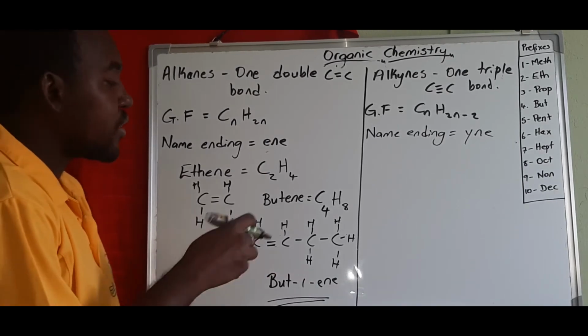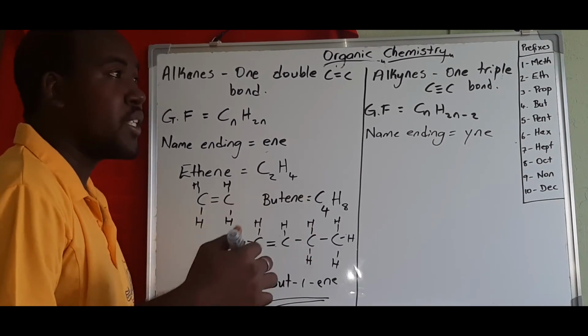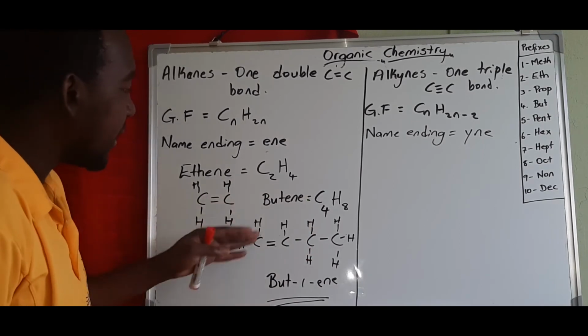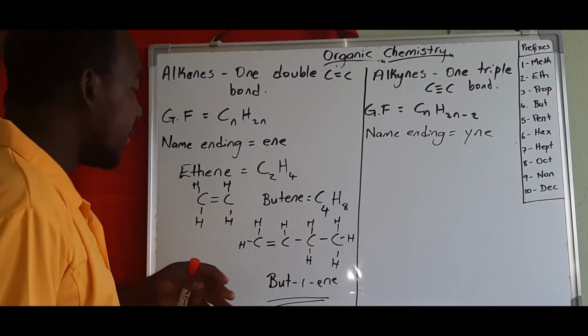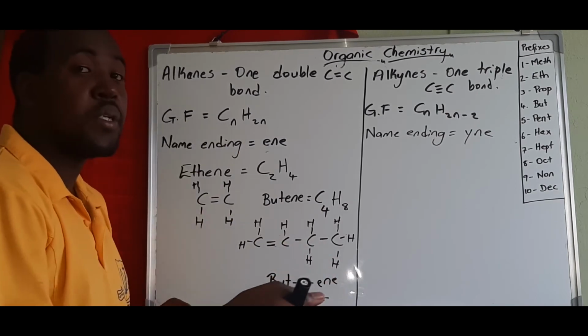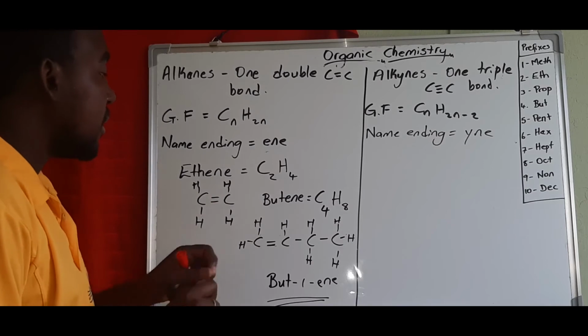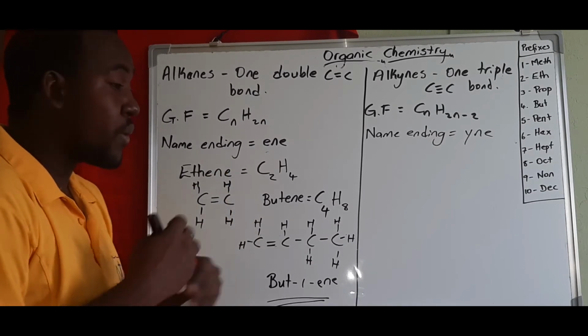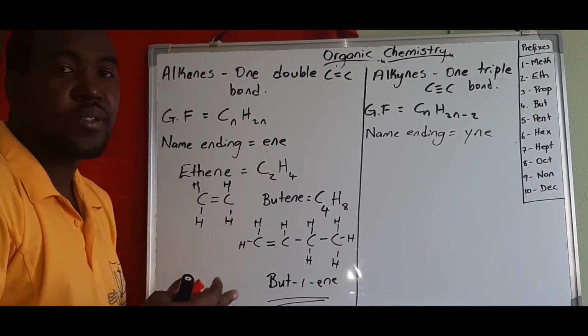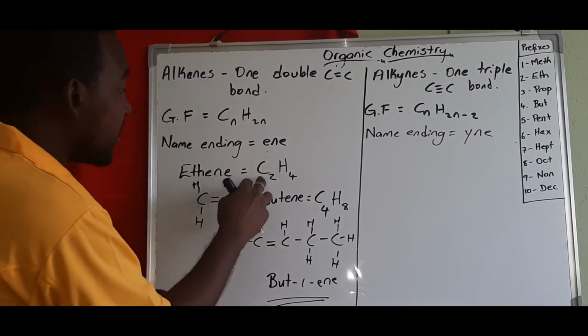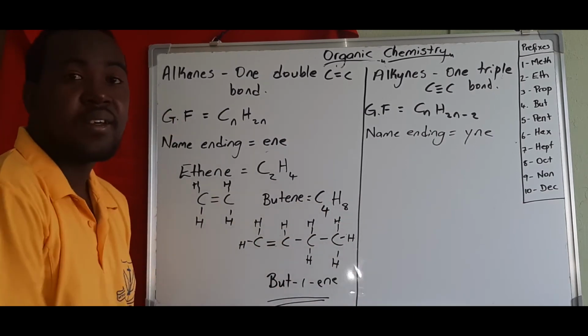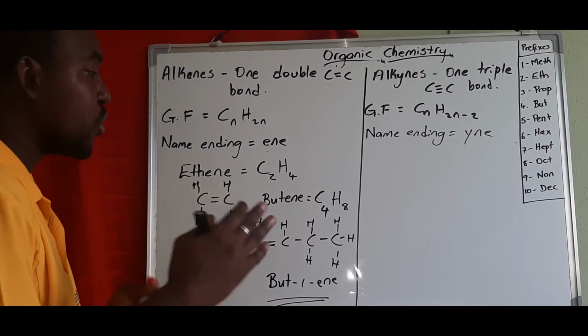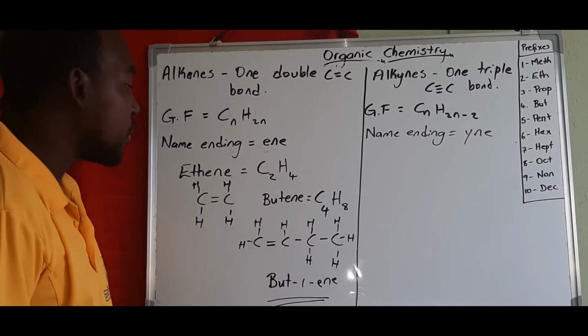So the variation in name does not change the molecular formula, but it changes the structural formula. These variations are called isomers. They have the same formula, C4H8, but different structural arrangements. That's what isomers are.